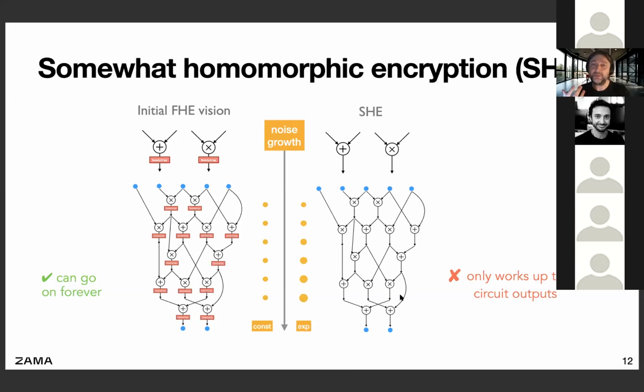But at the same time, there was also another idea: if the bootstrapping is so slow, why not just get rid of it? We're not going to use it. We're just going to allocate a noise budget that is big enough to accommodate the specific Boolean circuit that we're interested in. So we just leave the noise as it is. We're never bootstrapping.